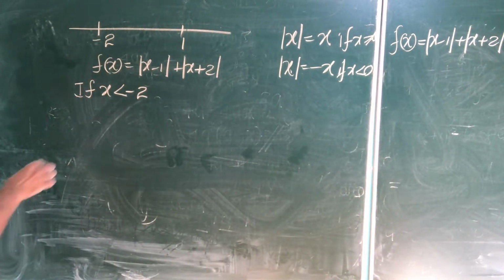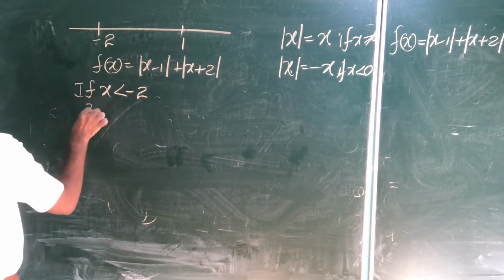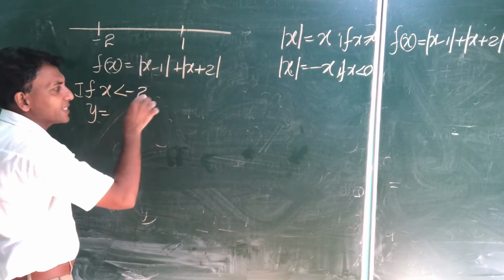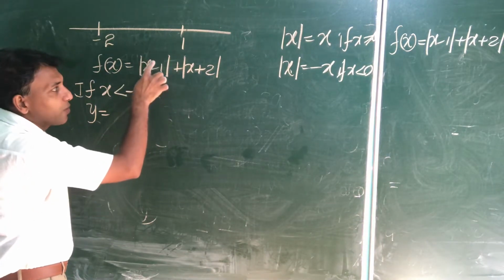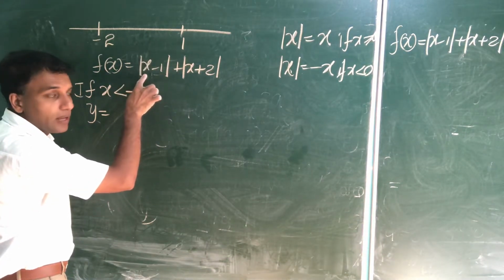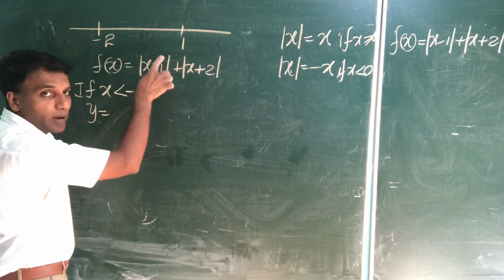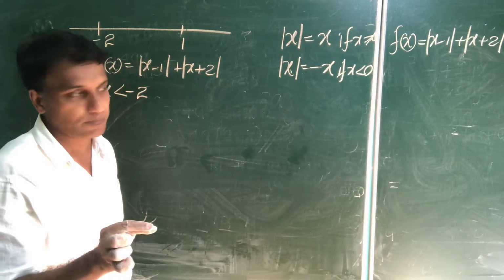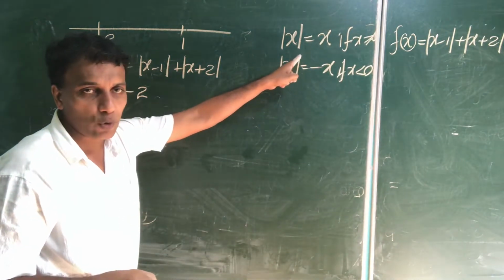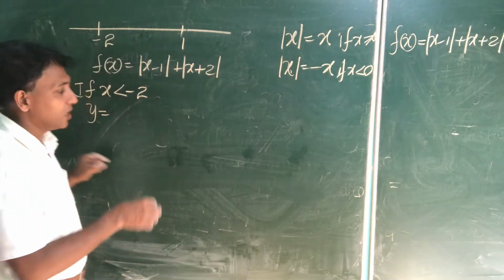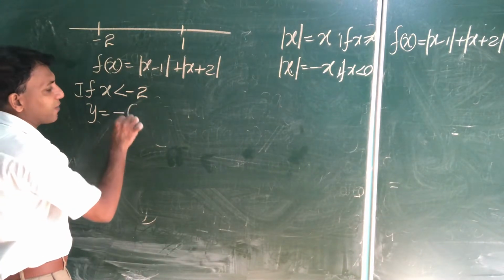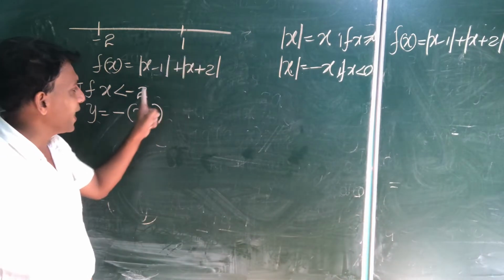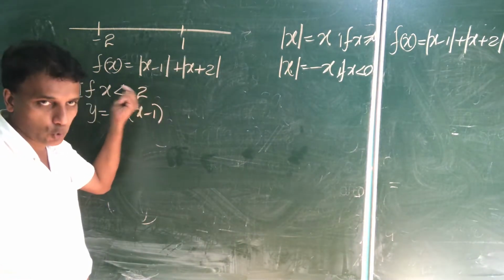So can I write y equal, what is the answer? If x is less than minus 2, for example minus 3, then minus 3 minus 1 is minus 4. The modulus of a negative answer, follow the rule of definition of the modulus: you put an extra minus and write as it is.